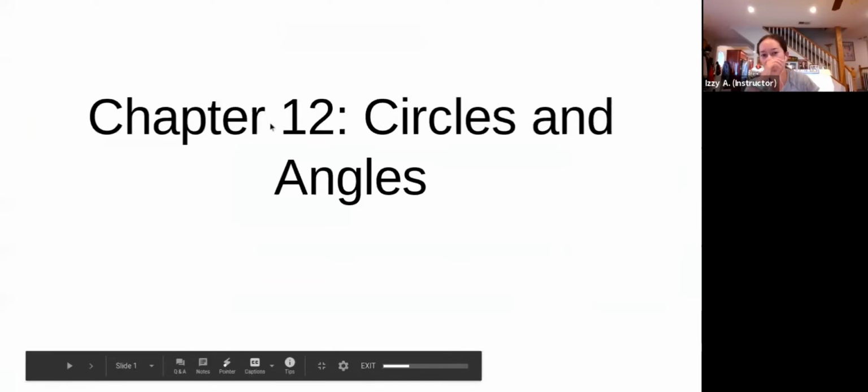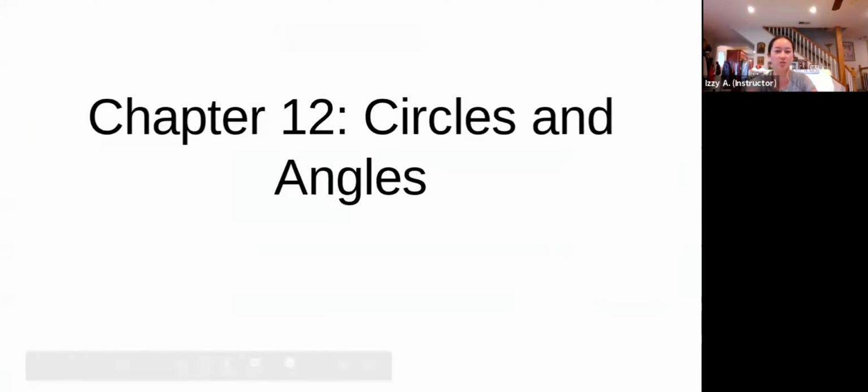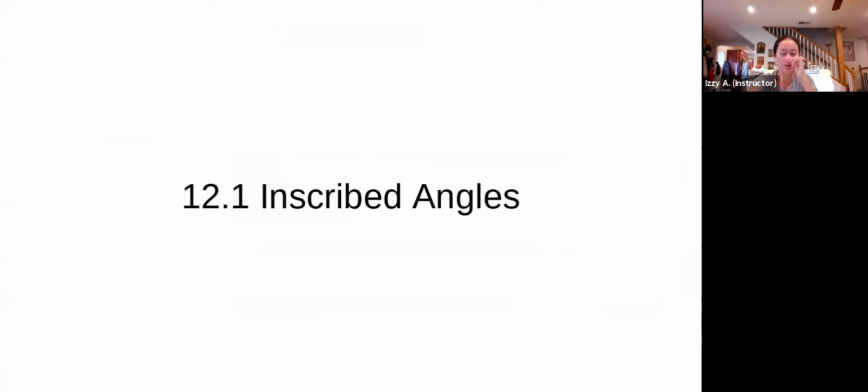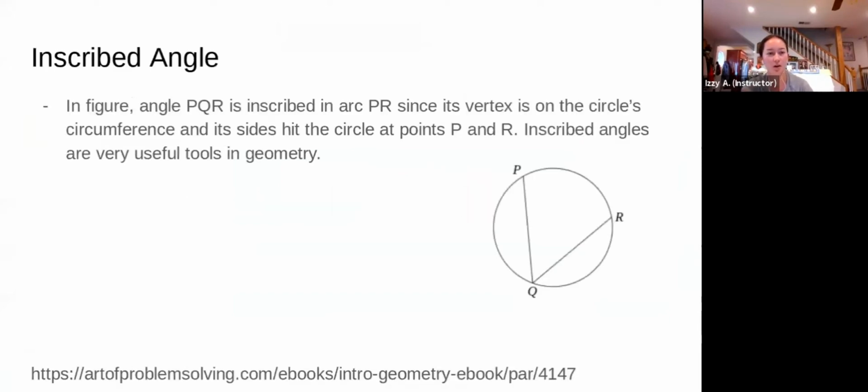Okay, so chapter 12, we're going to be talking about circles and angles. And the first section deals with inscribed angles. So an inscribed angle, you can see an example in the figure on the right.